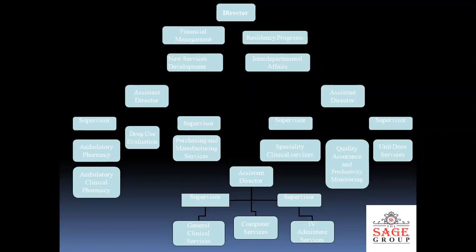In that, the specialty clinical services again has an assistant director and supervisor, general clinical services. After that, computer services, supervisor and admixtures services. And in the extreme right, the unit dose services also is there, quality assurance and productivity monitoring.